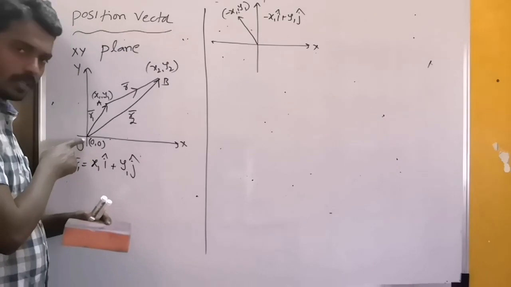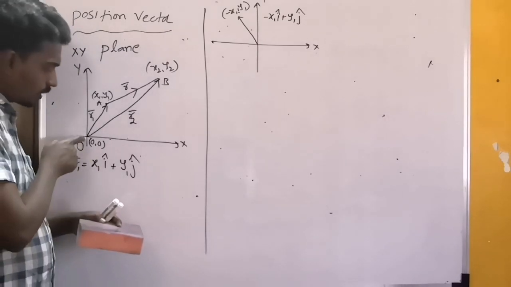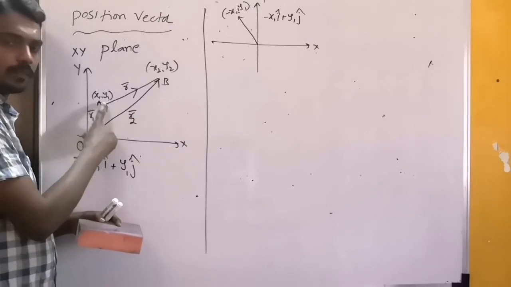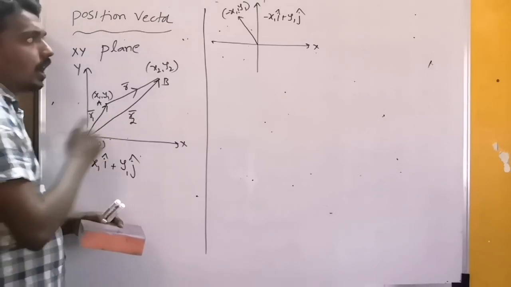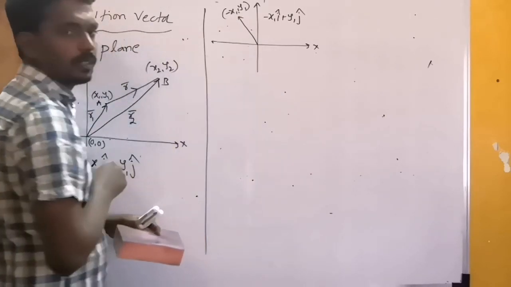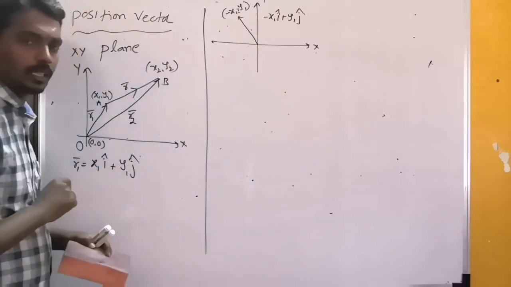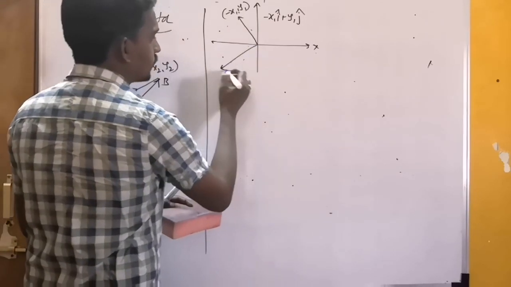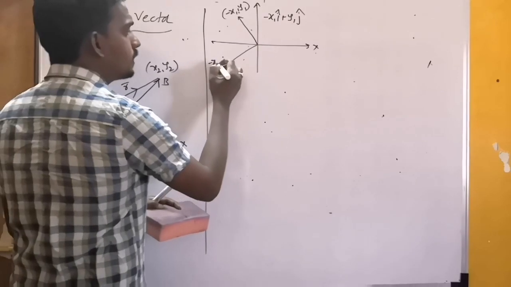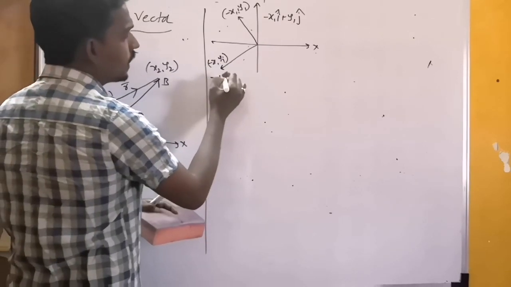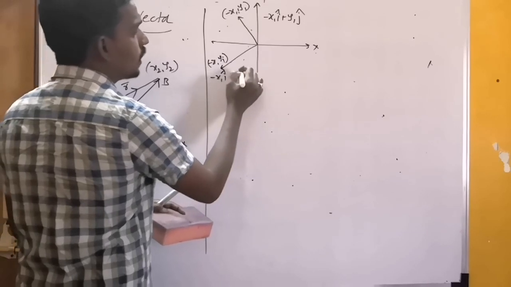With respect to the origin, what is the position of the particle? Suppose the particle is here, then minus x1 and also minus y1, so it will become minus x1 i cap minus y1 j cap.